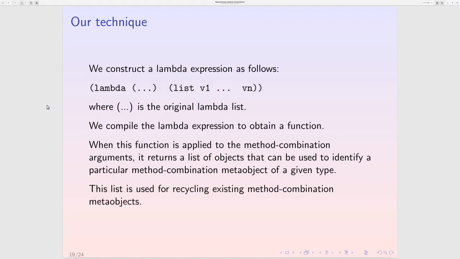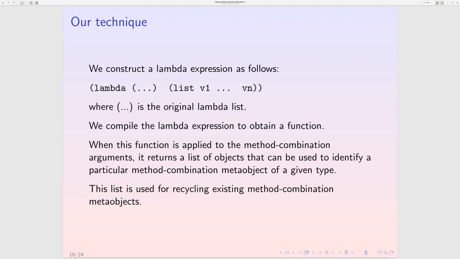From this analysis, we construct a lambda expression as follows. A lambda list of all these variables that we extracted from the lambda list, and this is the original lambda list given to the defined method combination form. We compile this lambda expression to obtain a function.